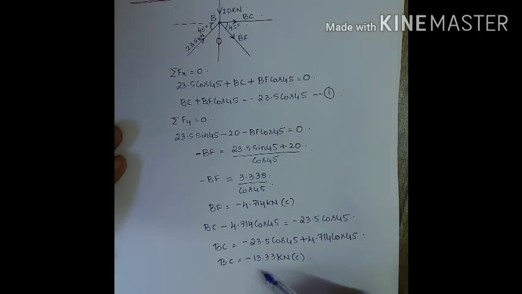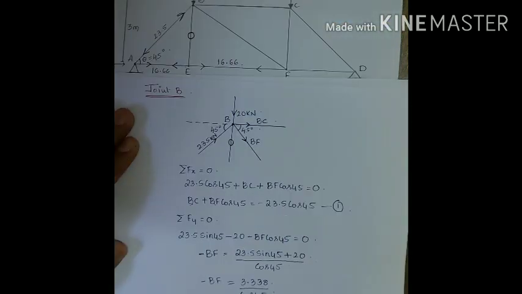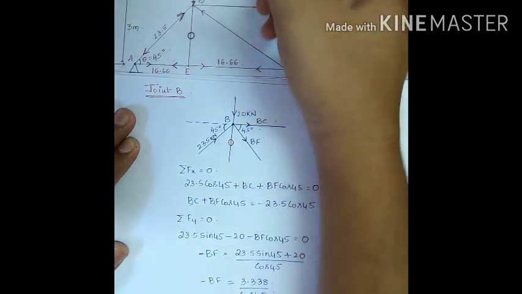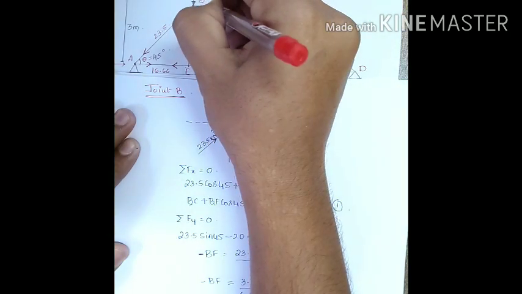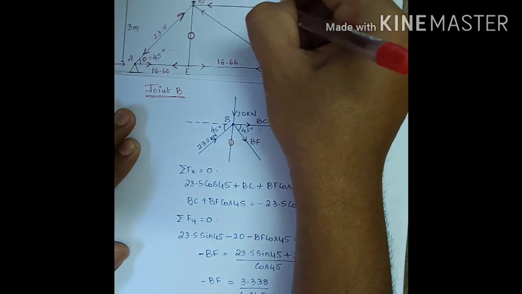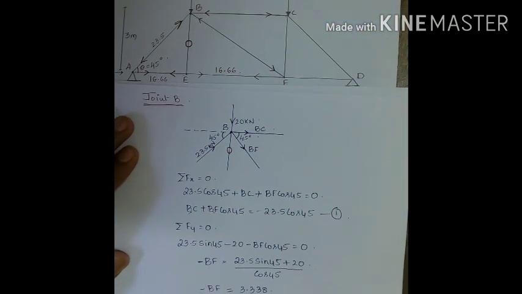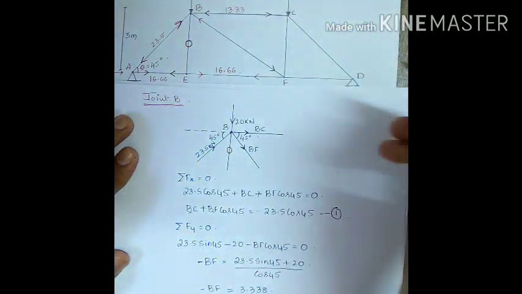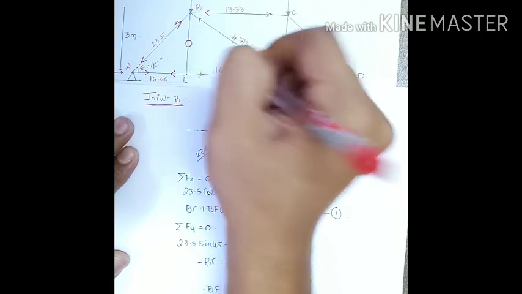Both the values I got are negative, as the direction I have taken is wrong. So when I mark the direction, it will be taken like this. The value for BC is 13.33 and for this is 4.714.